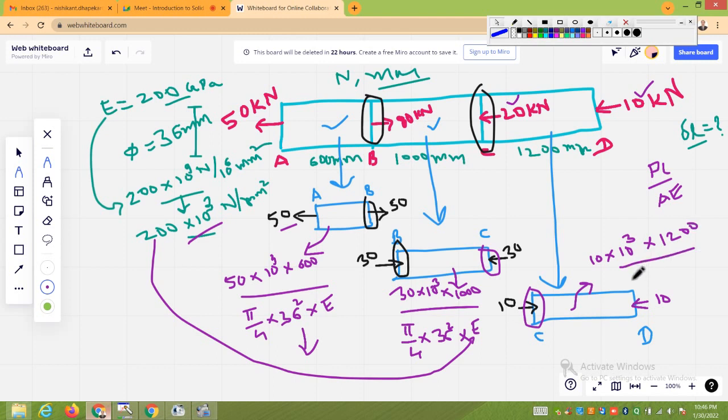Again same area, pi by 4 into d square. So diameter is 36 mm, multiplied by E. E value is same throughout the rod, same material is used. So 200 into 10 to the power 3.